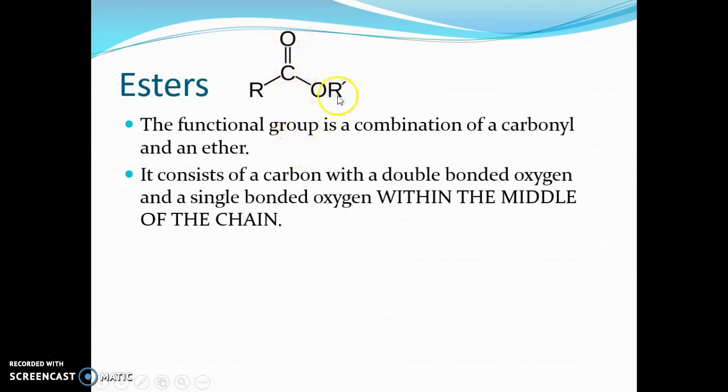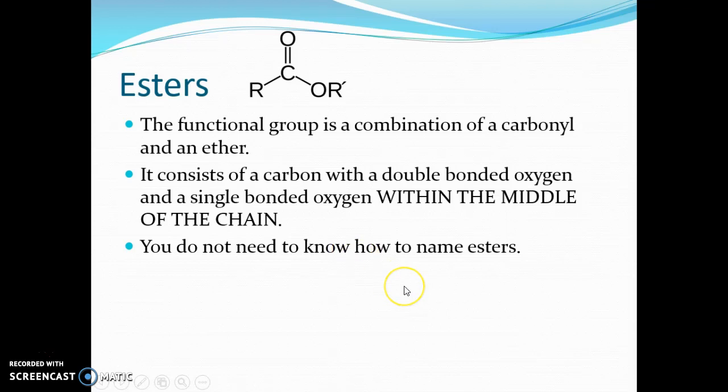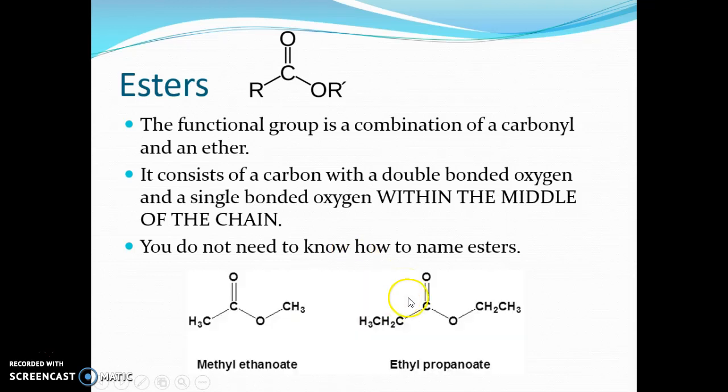Again, in the middle of the chain, you get 2 carbons on the outsides. Once again, you don't have to know how to name them, you just have to know how to recognize them. So here are 2 examples. You've got the C double bonded O within the chain, and then the double bonded O sticking above it. So make sure you look very carefully. If there's an extra O, it's not a ketone, it is an ester.